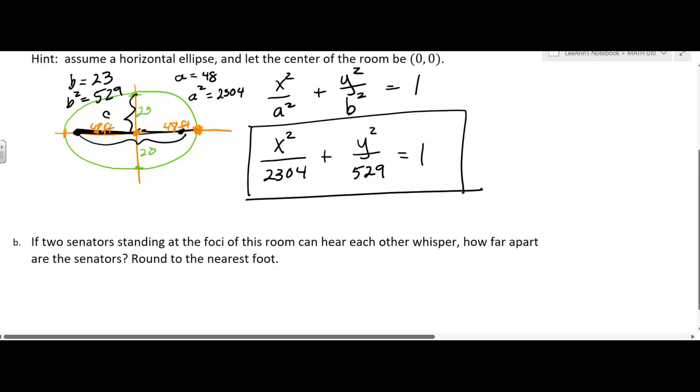So we need to know what c is. c squared is equal to a squared minus b squared. For us, we get the a and b from the previous problem. c squared is equal to 2,304 minus 529.